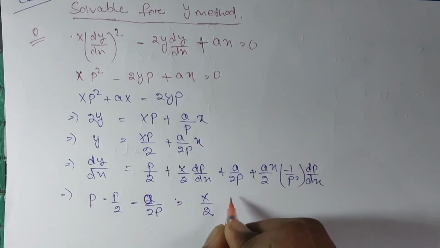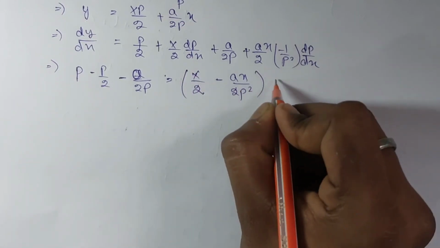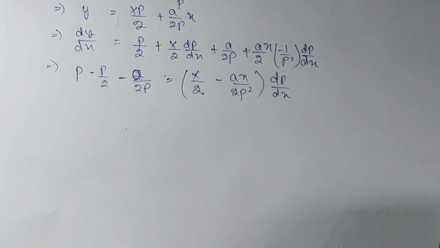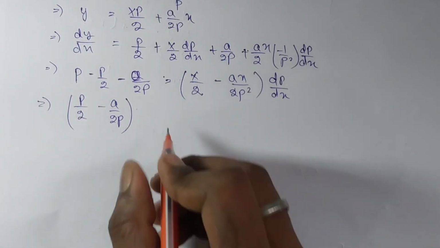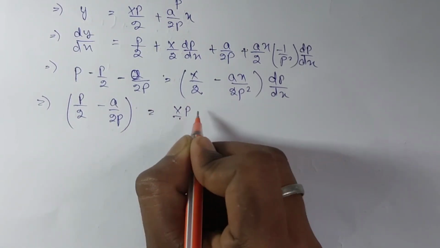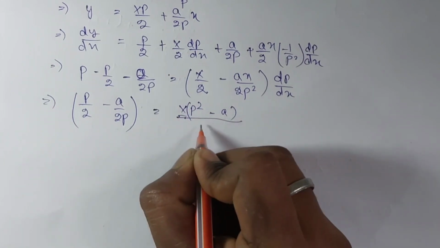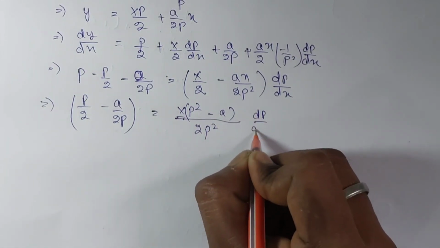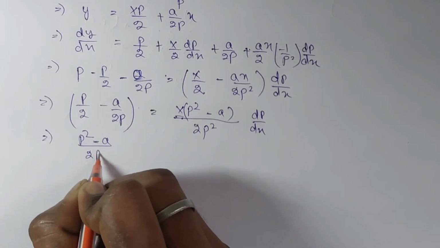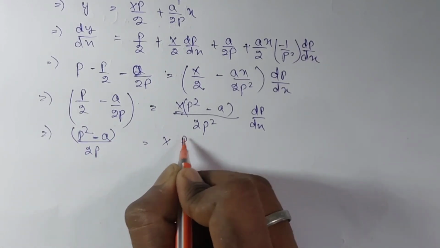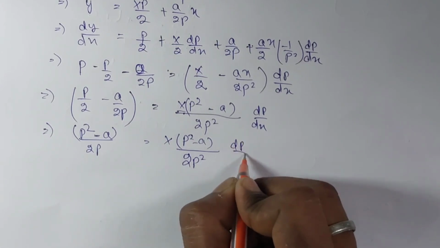So x by 2 minus x by 2p square times dp by dx equals p by 2 minus 1 by 2p, which we can write as (p square minus 1) by 2p equals x (p square minus 1) by 2p square times dp by dx.